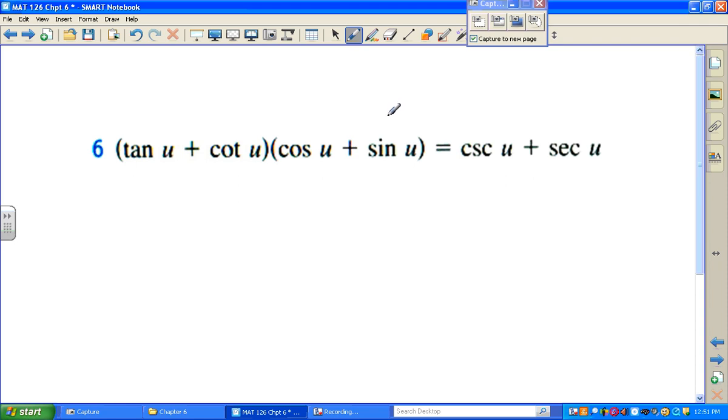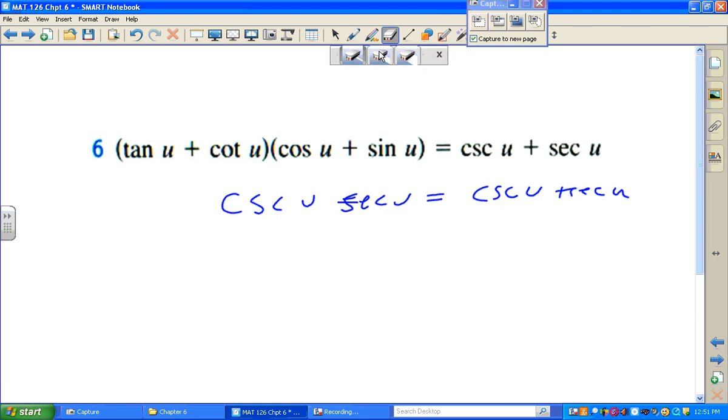Yeah, one team says, I can do that problem in 2 steps. Alex would say, I can do it in 1 step. He'd write this: cosecant u secant u equals cosecant u plus secant u. And he'd sit down. Well, yeah, it's pre-calc. Everybody knows the identities are going to work in this section. So that doesn't really count.